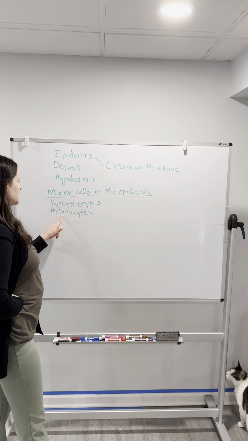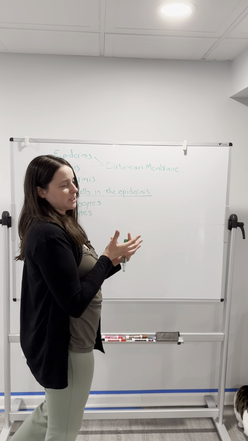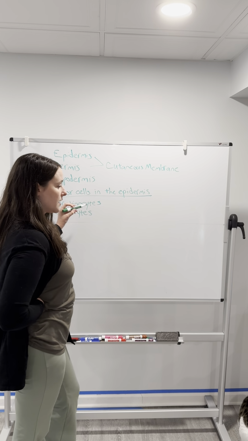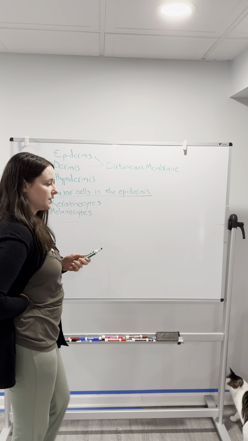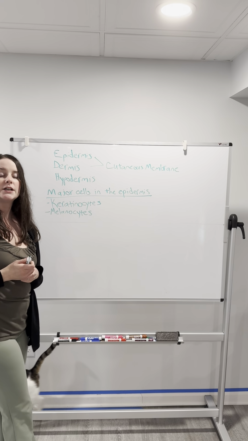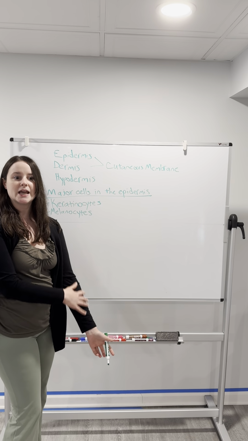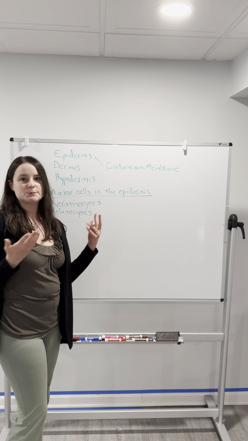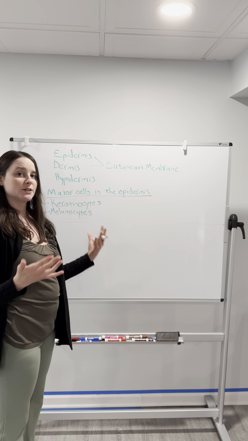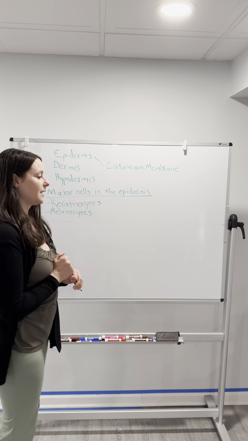So melanosomes, the cells that are produced by the melanocytes, or they're packaged in melanosomes, okay, are transferred to the keratinocytes, okay? And there they help to protect the nucleus from UV damage, okay? So this is why we get tan in the summer if we spend a lot of time out in the sun, okay? More melanin is going to be produced to protect our skin from UV damage, okay?